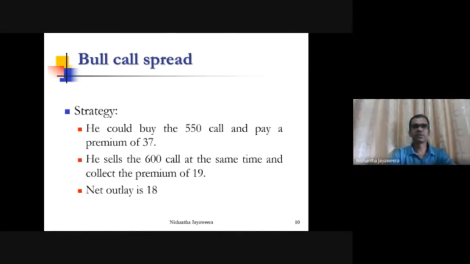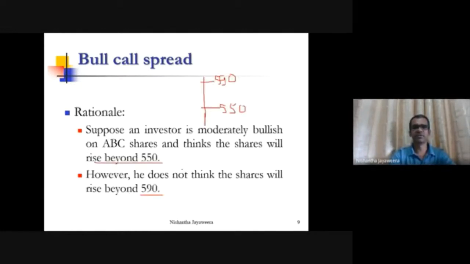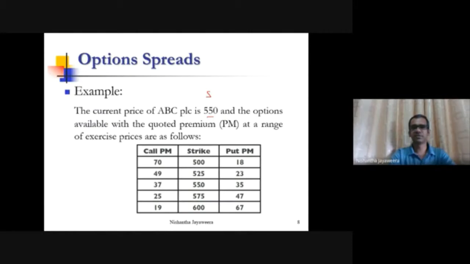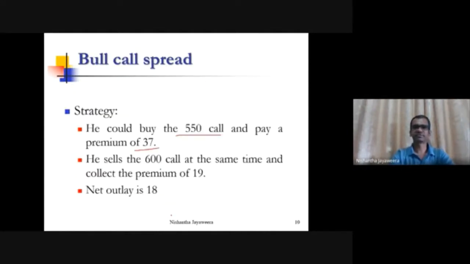So therefore he could buy a 550 call and pay a premium of 37. How do you get that premium? The 550 premium for a call option is 37. He has to pay it because he is going to buy that 550. Maybe sell the option at 600 and receive 19. Pays the call and at the same time receives 19.